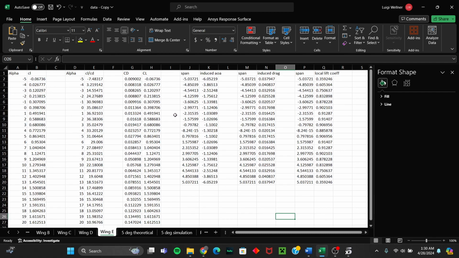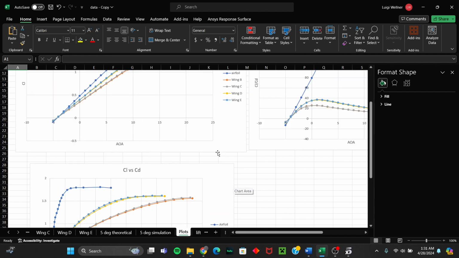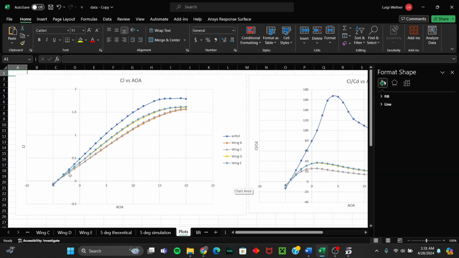And using those values, I created these graphs over here. So this was with respect to wing E, so if you look at wing E, this is the graph for it. These are the graphs with respect to the other wings. But yeah, wing E is the same tan color.